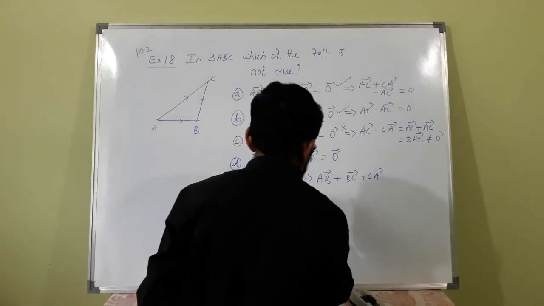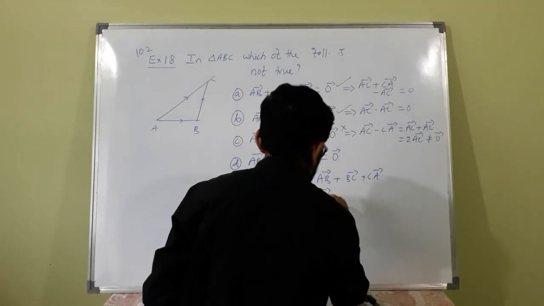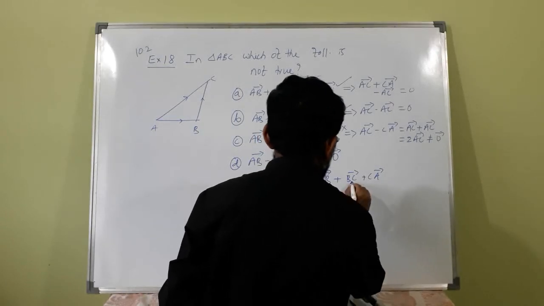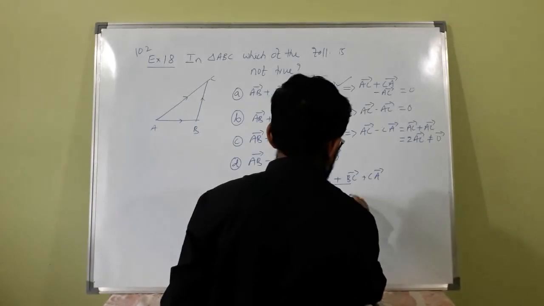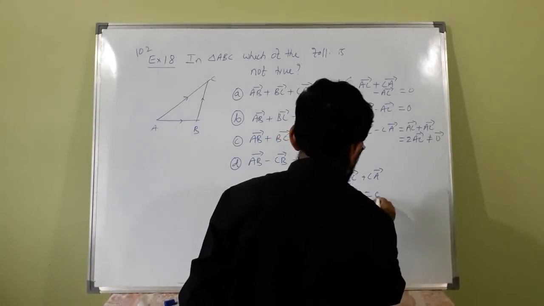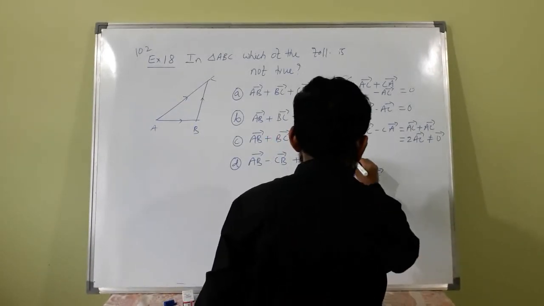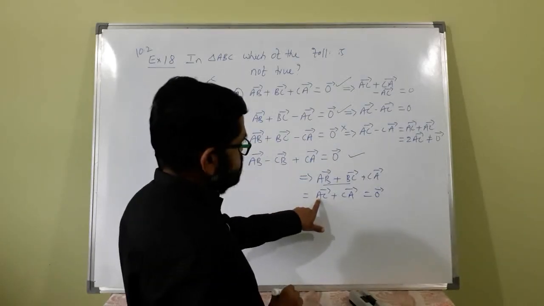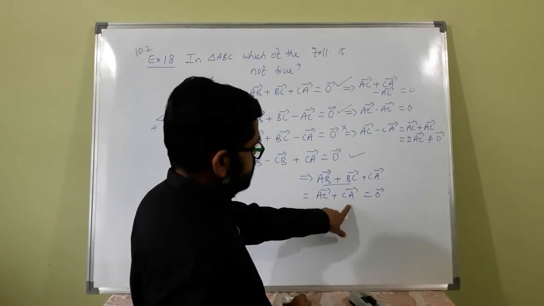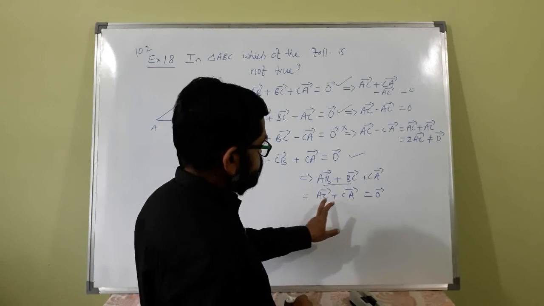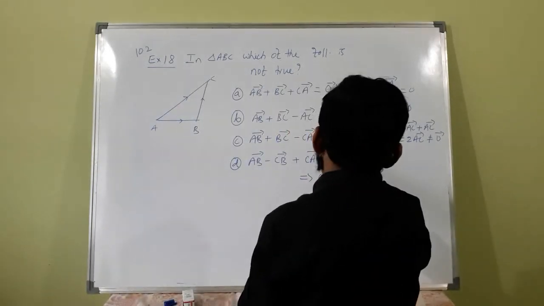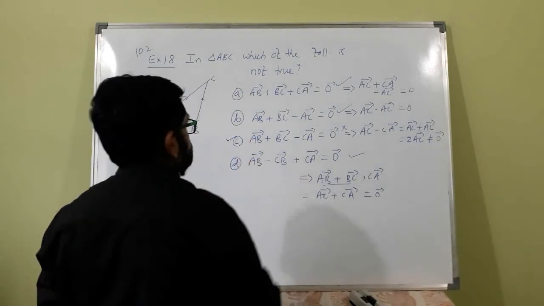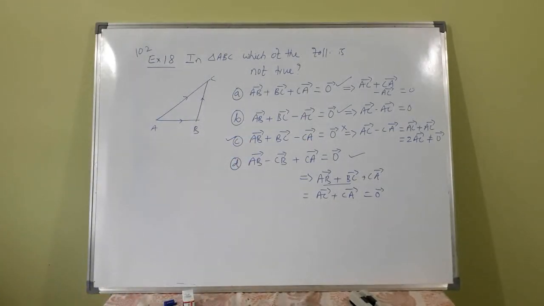So this is AC plus CA, means this is 0. This is also correct. Remember, AC is negative of CA, or CA is equal to minus AC. So only C is not correct. You got it?